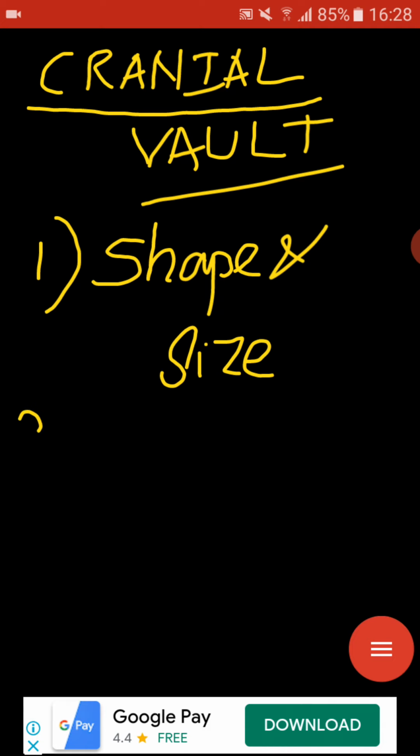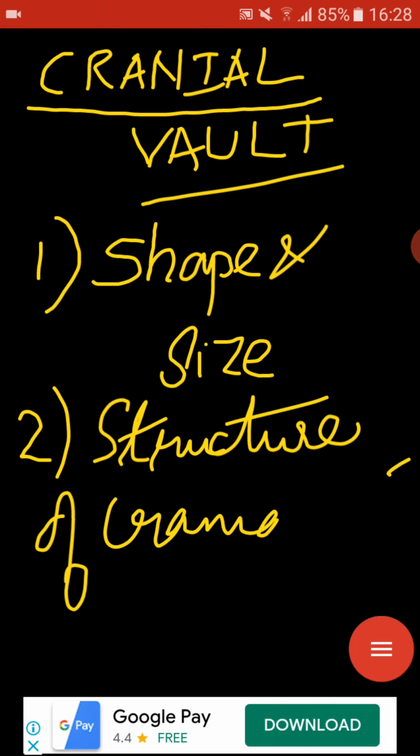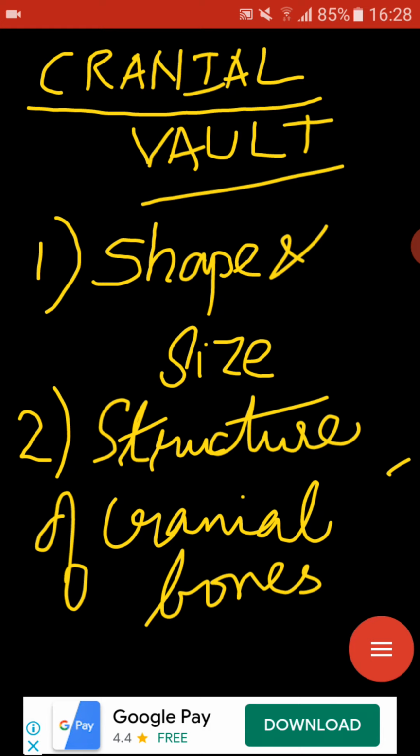So next feature which can be seen is the structure of cranial bones. So regarding the structure of cranial bones, the cranial bones are unilamellar during the first 3 years of life.